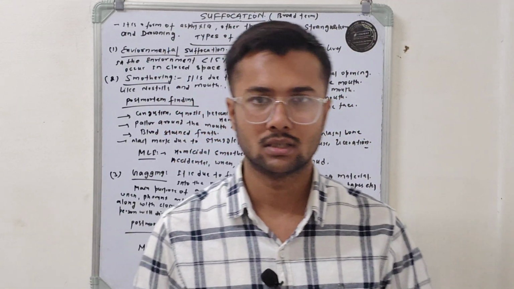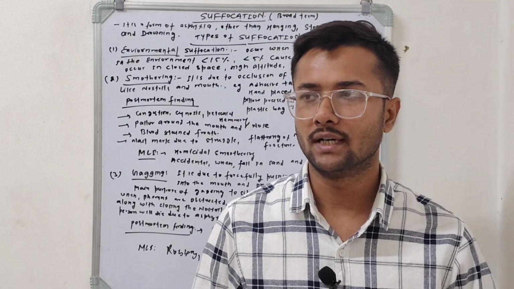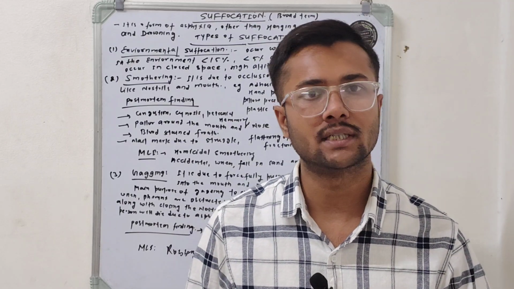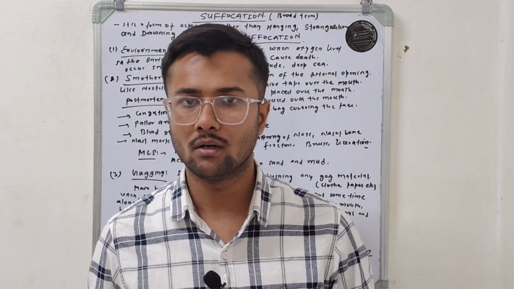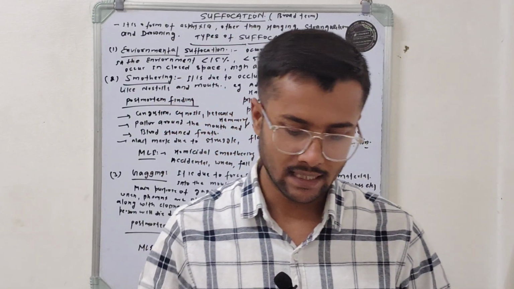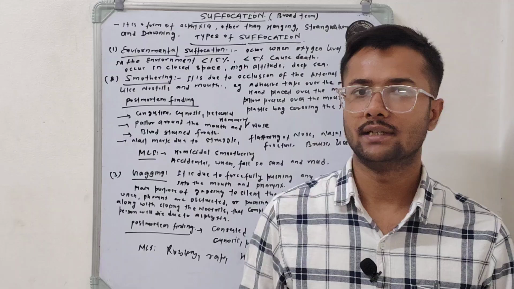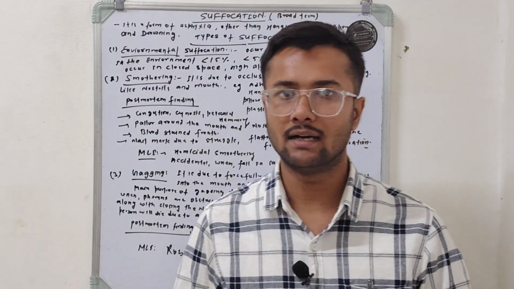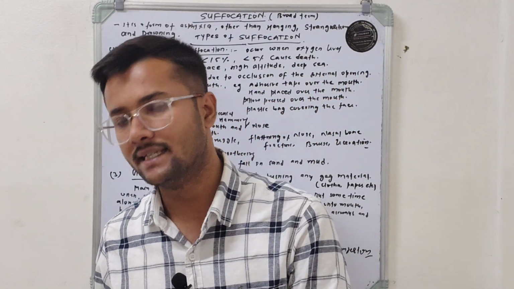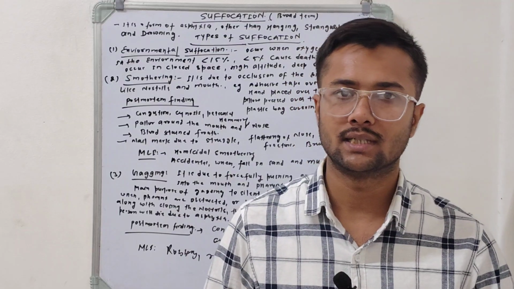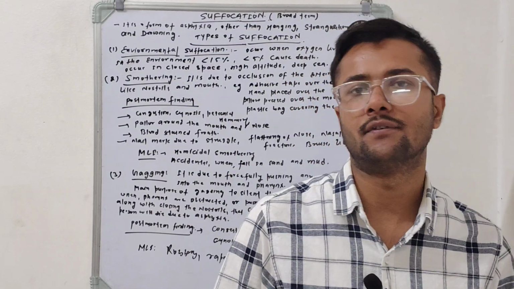environmental suffocation. So what is the meaning of environmental suffocation? The normal oxygen concentration in our environment is 21%. If the oxygen concentration in our environment is less than 15%, the person feels suffocation.